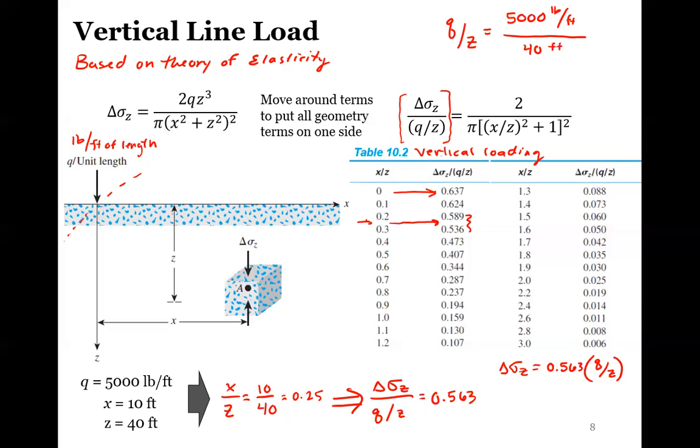So we would get pounds per foot divided by feet, which is in the units of pounds per feet squared. So our delta sigma Z in this example would be about 39.6 pounds per feet squared.